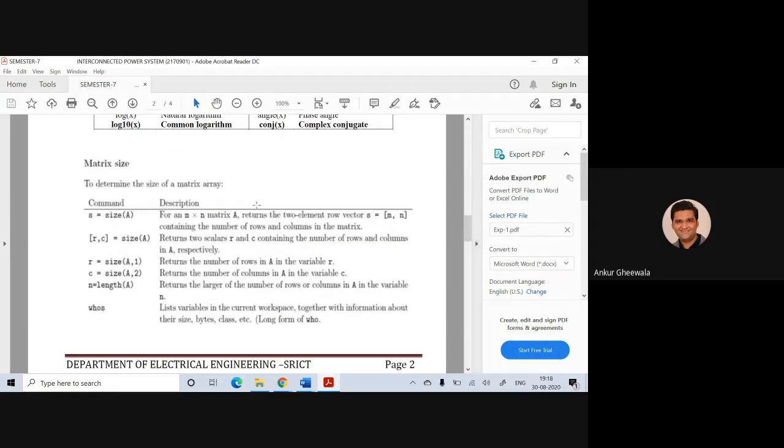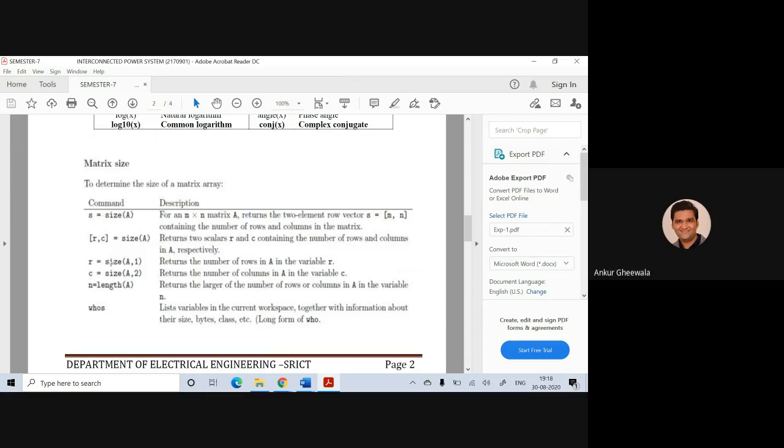Similarly, if you want to find the size of a matrix, suppose you are given a matrix A, we have defined A, its size is given by size of A. For a matrix, it returns R comma C, the total number of rows and the total number of columns.